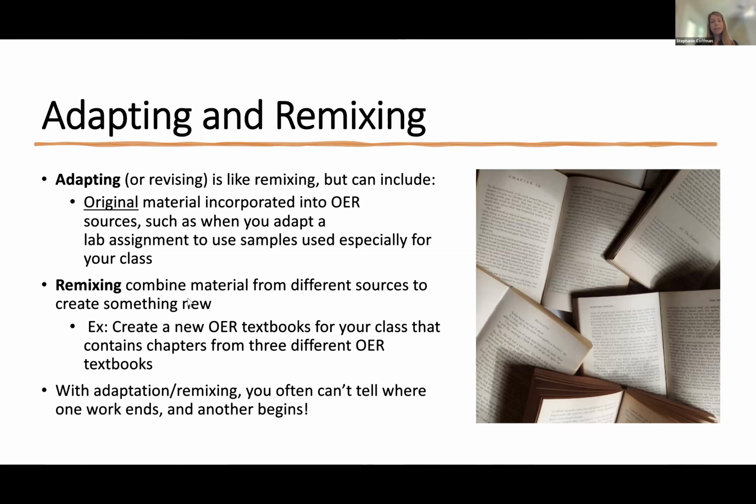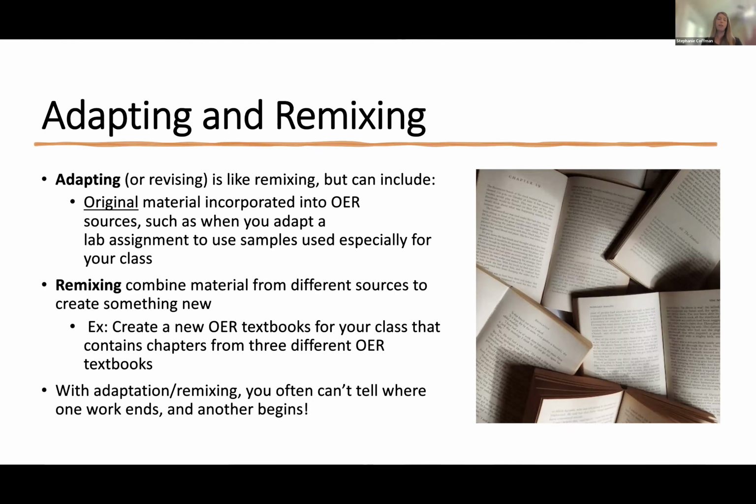You can also remix multiple OERs. So you can take OERs from all sorts of different places, from different authors, and you can put them together into a new work, right? So maybe there are 4 textbooks for your class that are OER, but you don't really like all of them the best, or you like some things about the first one, other things about the second one.